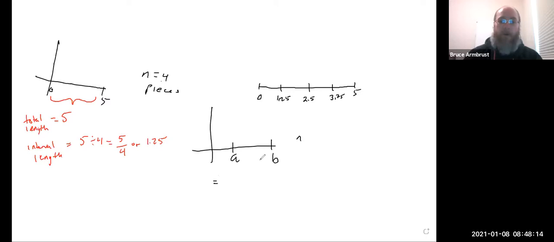Well, we need the total length of this interval, which is the difference in those two, and then we divide by how many intervals we have. So the small intervals are going to be b minus a over n.